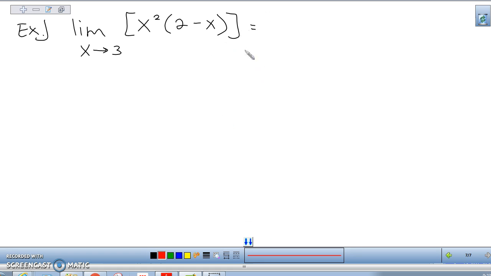Now, a little side note: a good idea for you guys is, as I work out these examples, you might want to pause, try them on your own, and see if you can figure it out. It's a lot better if you challenge yourself and see if you understand the concept. Then press play and see if you got the correct answer.